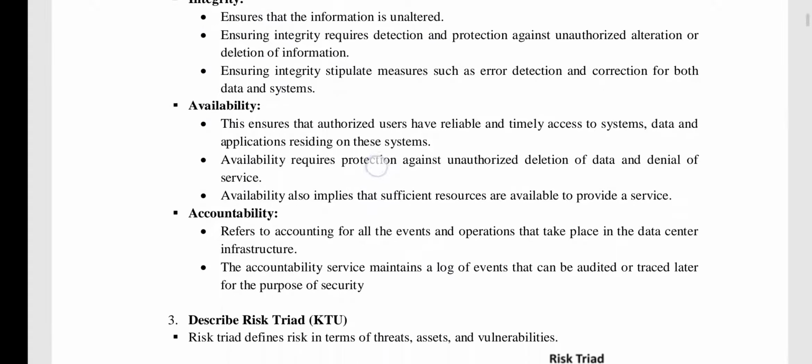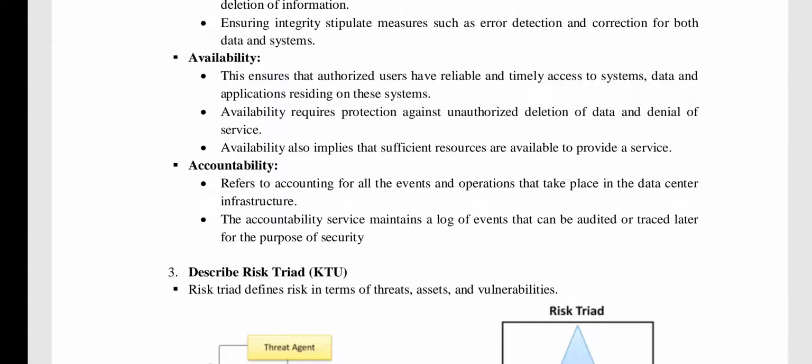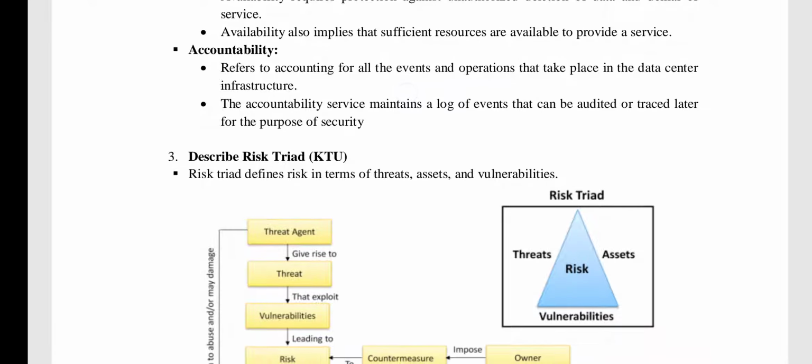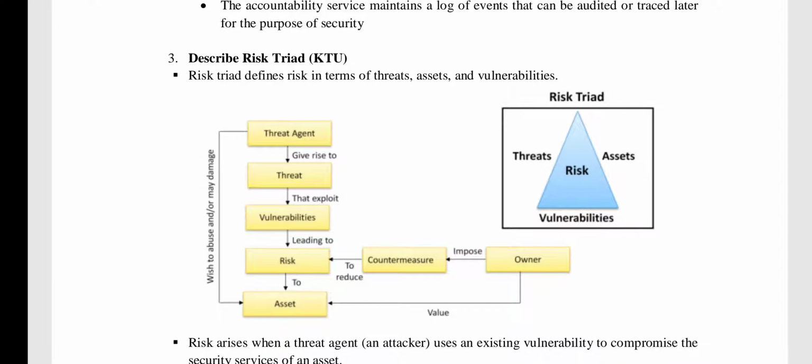Availability ensures that authorized users have the data available whenever they need it. Accountability refers to accounting for all events and operations at the data center. That means it maintains the log of events and audits and so on. Those are the security goals for the framework.